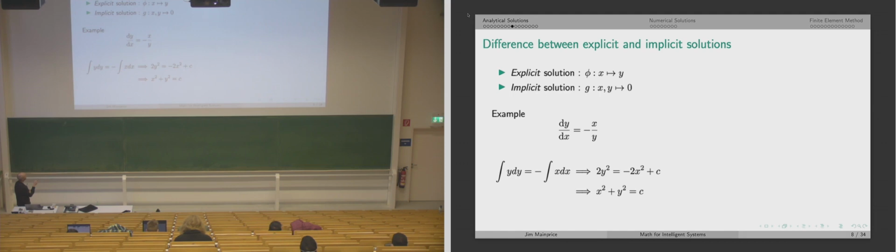The integral of y is going to be y squared over 2, and the integral of x is going to be x squared over 2, and there's a minus here, plus an integration constant. And so we remove the 2's, and we factor that into the constant, so x squared plus y squared is equal to a constant.